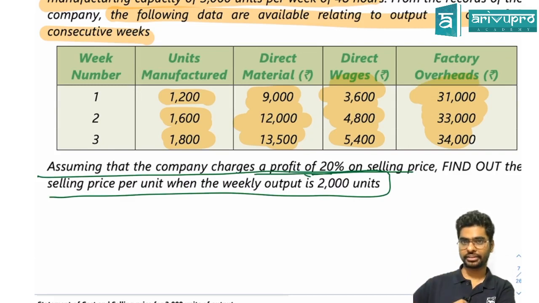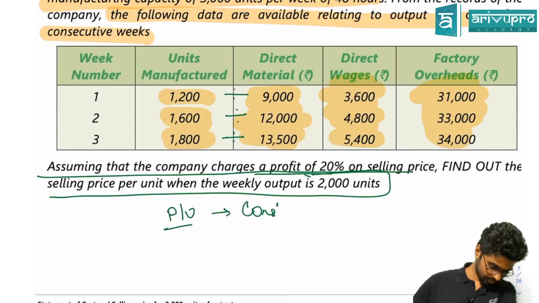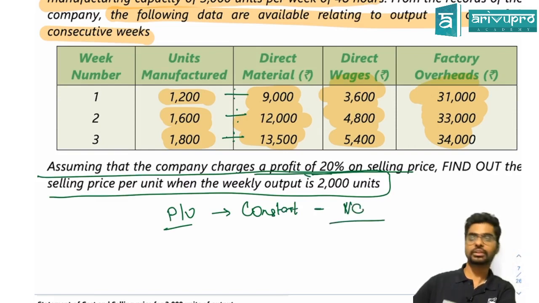How do I find it? Okay. When you divide the cost with the number of units, if you get your per unit cost as constant, then I tell them to be a variable cost. Understood? What should happen? Your per unit cost should become what?